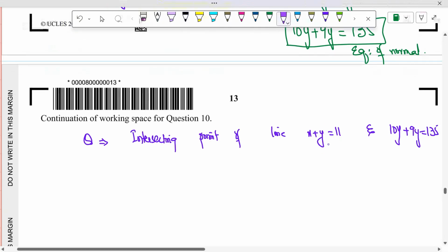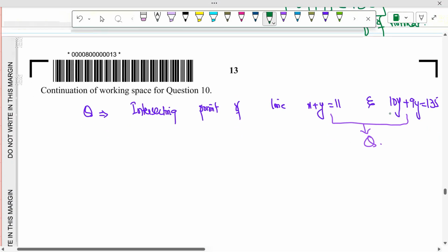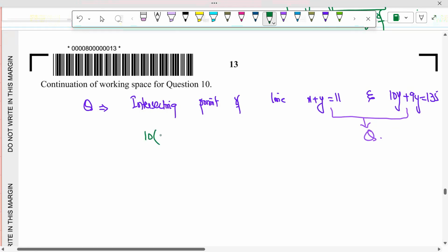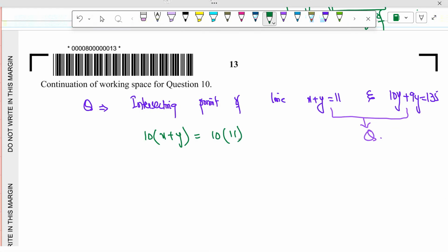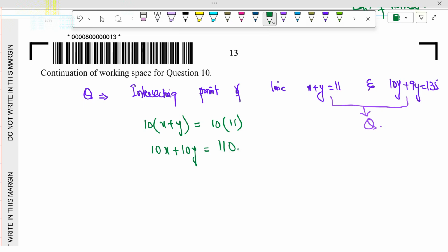So we can solve these two equations simultaneously to find the value of Q. So multiply the equation of the line by 10. So 10 times x plus y equals 10 times 11. So this one is 10x plus 10y equals 110.